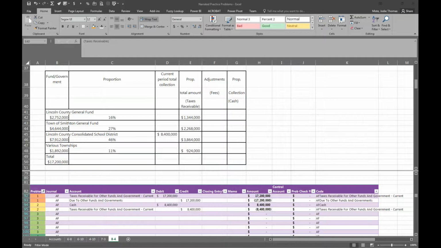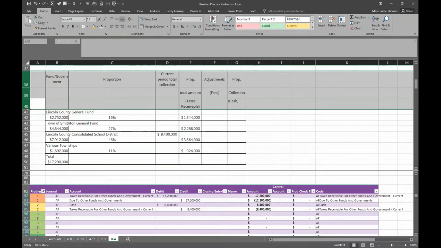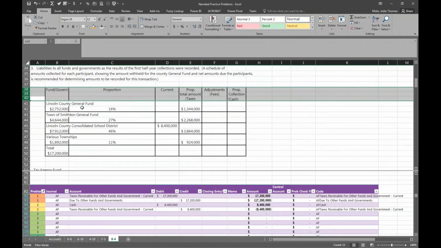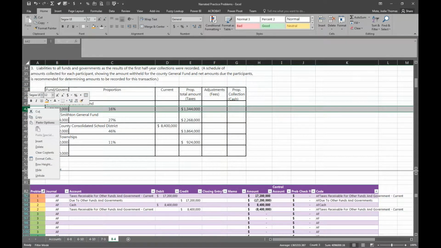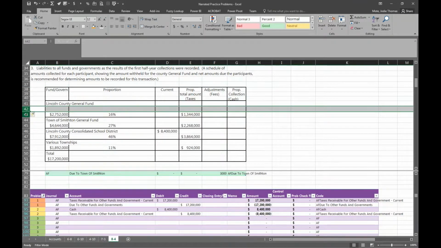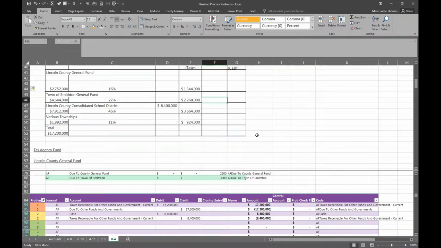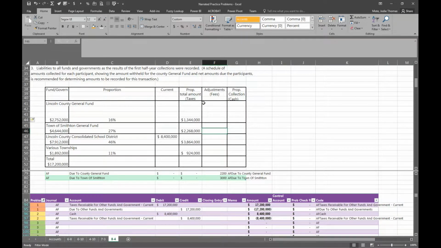Okay. So now, let me expand this one just a little bit. Well, let me make this smaller. It's kind of large and getting in the way there. All right, let me make this one smaller so you can kind of see what's going to happen on this next part. Each of these funds are going to owe 1% to the agency fund, who's then going to turn around and remit it to the county general fund, this one, okay?